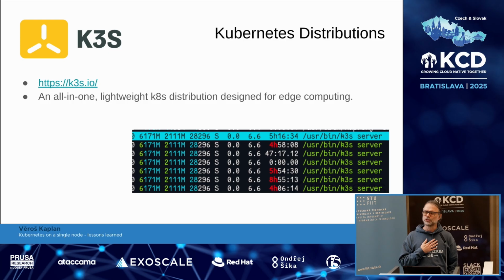It uses something called, I forgot the name, sorry, Kine, and it stores the data about Kubernetes in SQLite. So you just omit etcd, which can be memory and CPU hungry, and you replace it with SQLite, and it's nice because it has relatively low memory requirements, the K3s. It's really easy to back up: you just back up the SQLite file, and you are done.